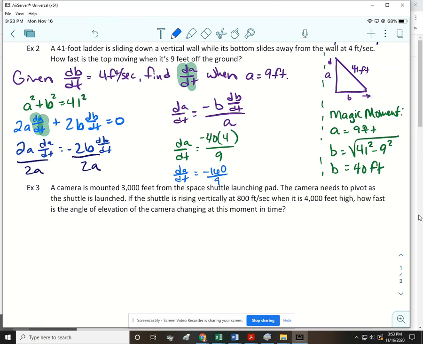If you wanted to leave it as negative 160 over 9 feet per second, that would be okay. If you wanted to write it as a decimal, that's fine also.